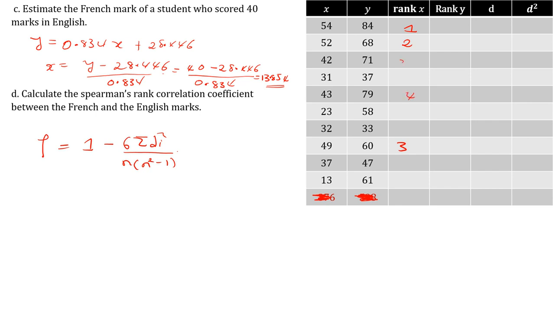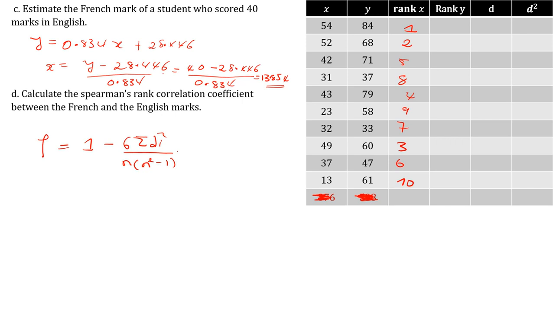Then 42, which is the fifth. After 42 we observe 37, which is the sixth. Then from 37 we go to 32, which is the seventh. 31, which is the 8th. 23, which is the ninth. And 13, which is the last, the 10th.